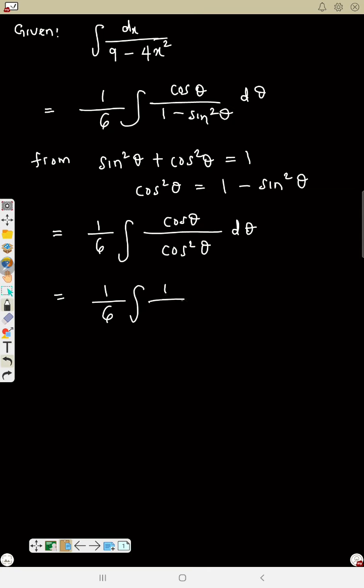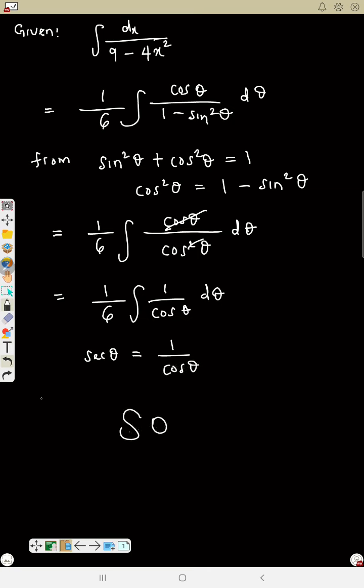So we'll now have cos theta cancel out, it will remain 1 over cos theta d theta. Now in another trigonometric identity, we know that sec theta is equal to 1 over cos theta.